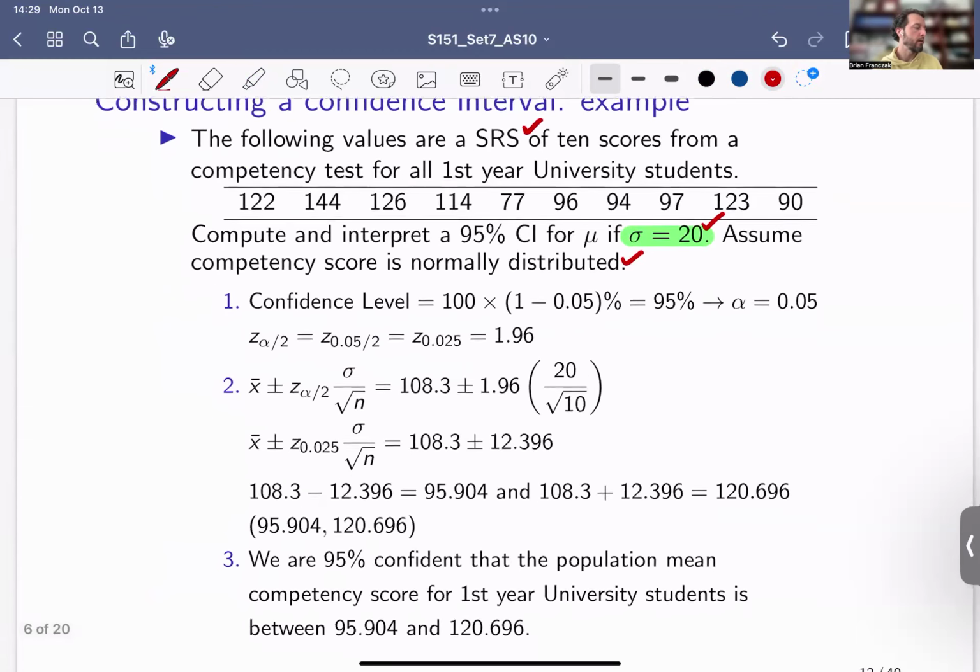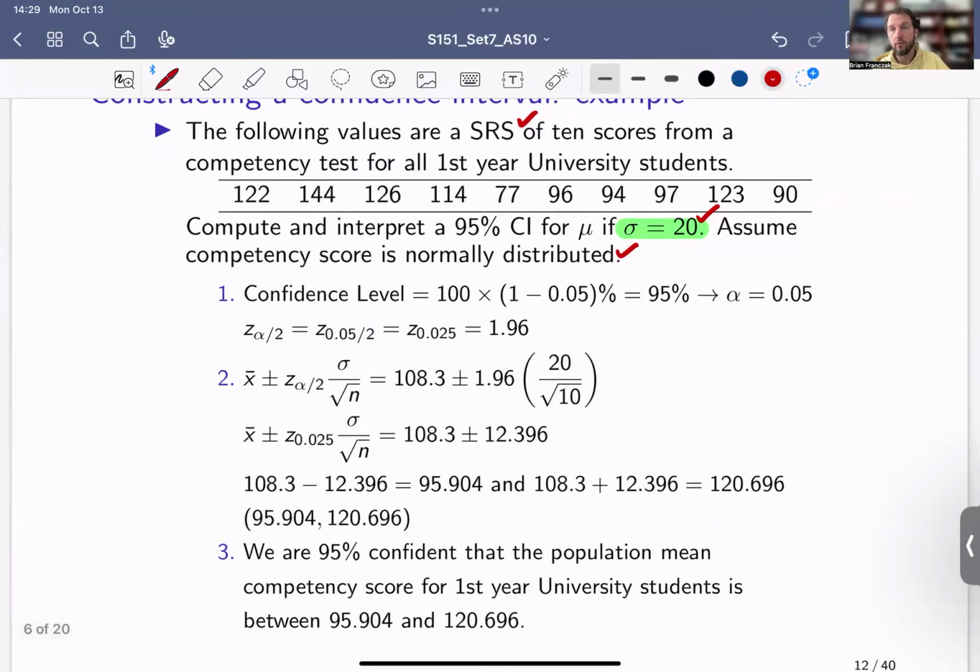Now, in step 1, we find our z-score. So the confidence level here is 95%. The confidence level is defined as 1 minus alpha. So we can say 0.95 is equal to 1 minus alpha. So alpha is 0.05.